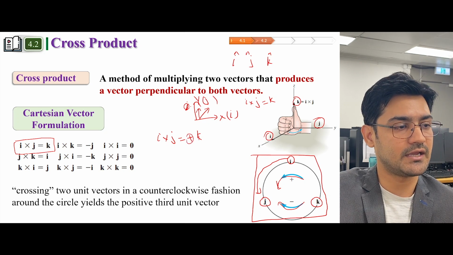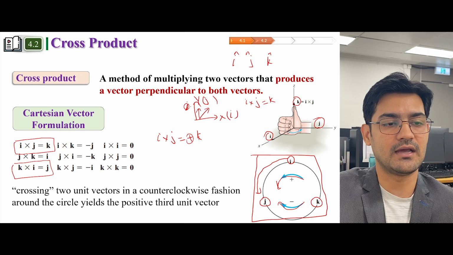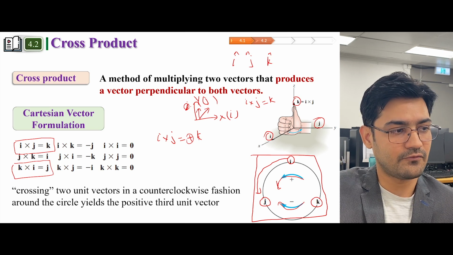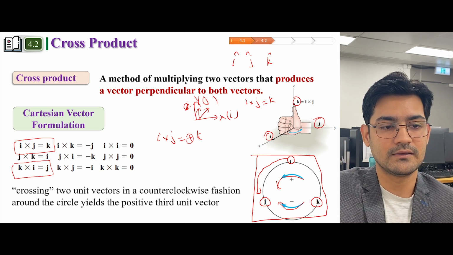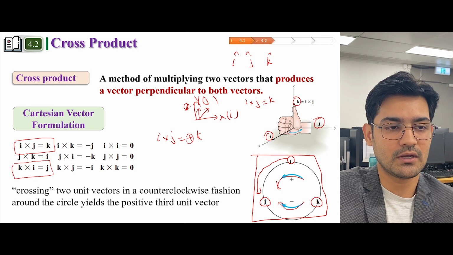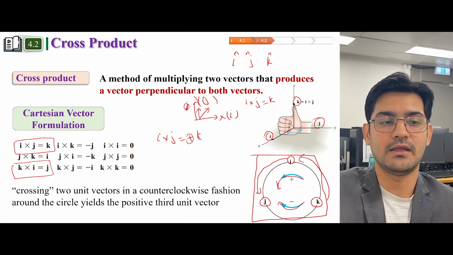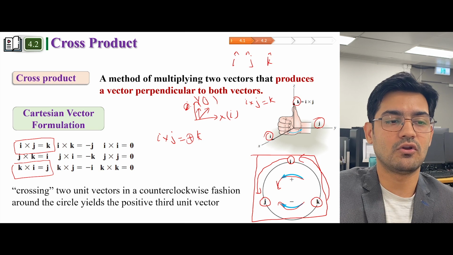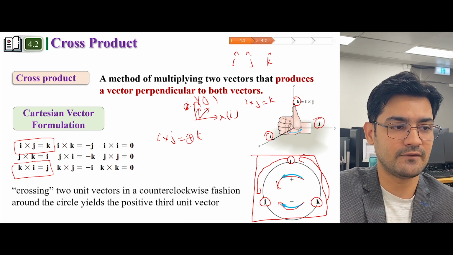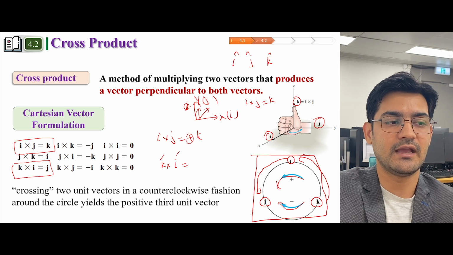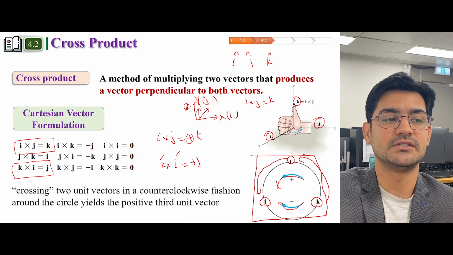For example, in the case of k and i, from k you are going to i, and this is also an anti-clockwise direction. So anti-clockwise direction is always positive. So k multiplied by i would give j, and the direction would be positive because it's anti-clockwise.